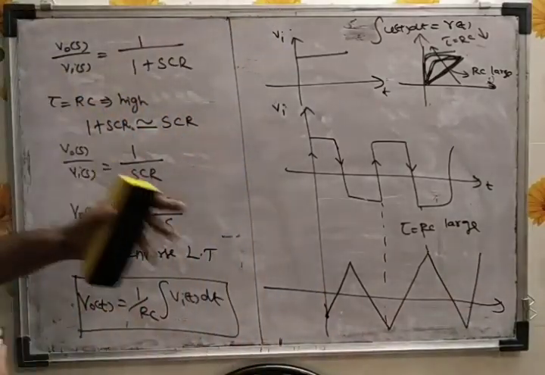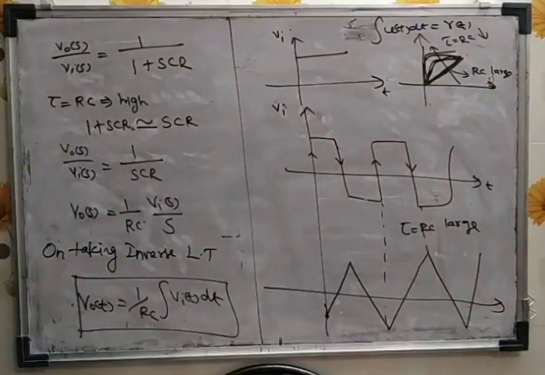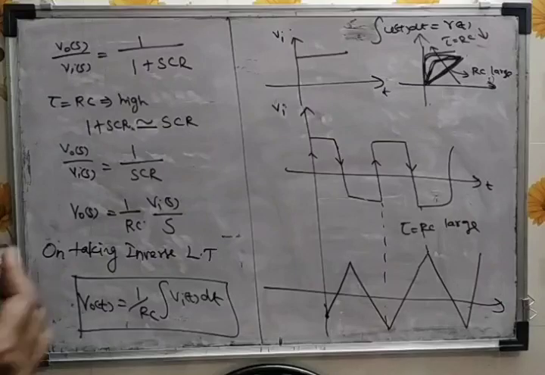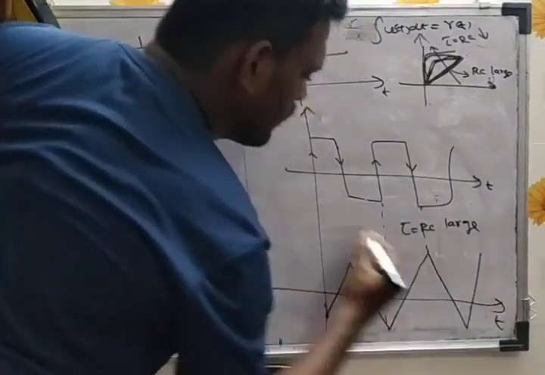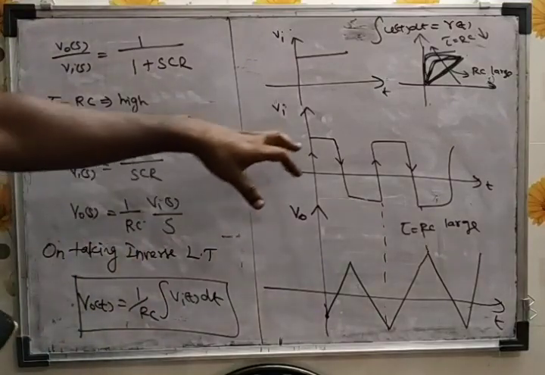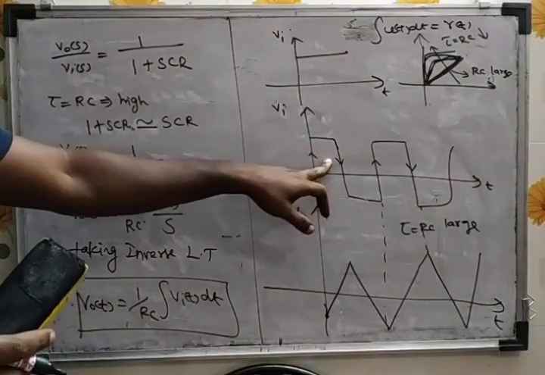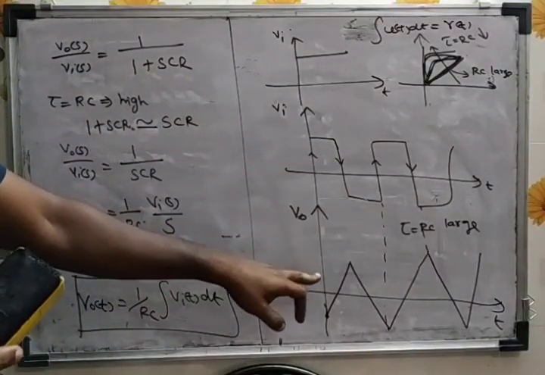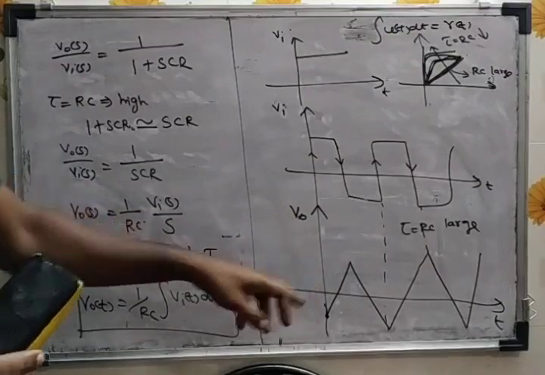You will get a triangular waveform output V0. So if you give a square wave input to the integrator, you will get a triangular waveform output.